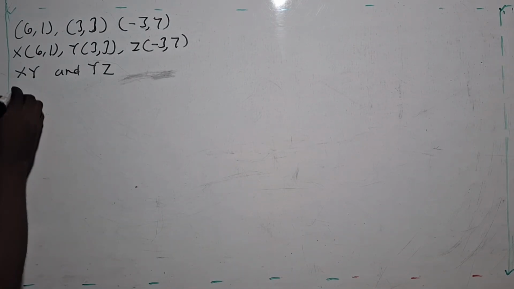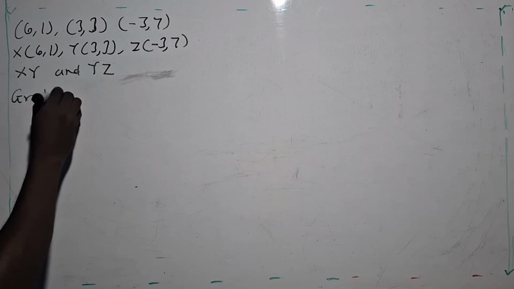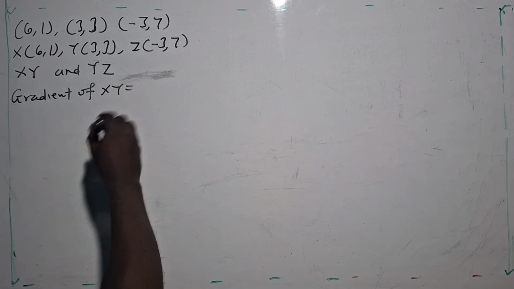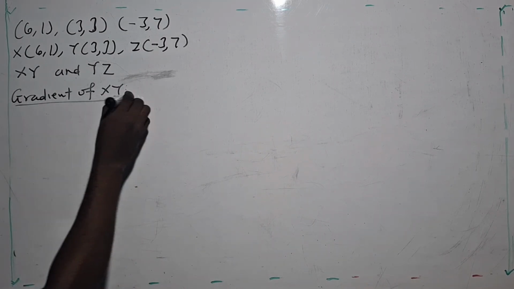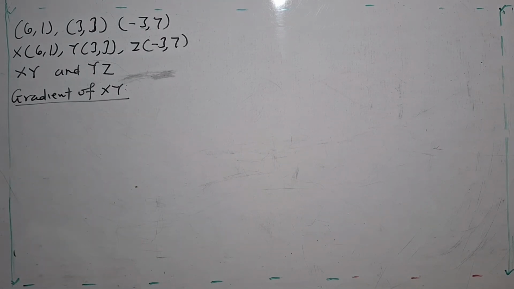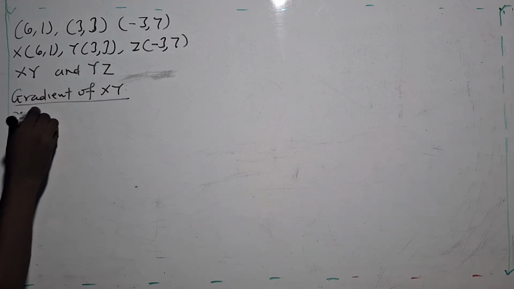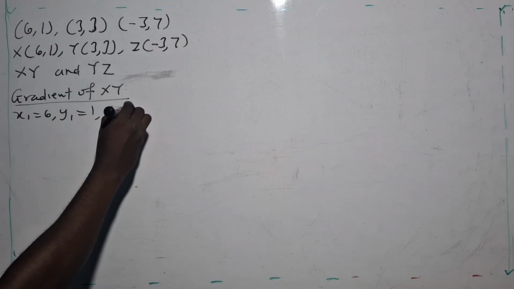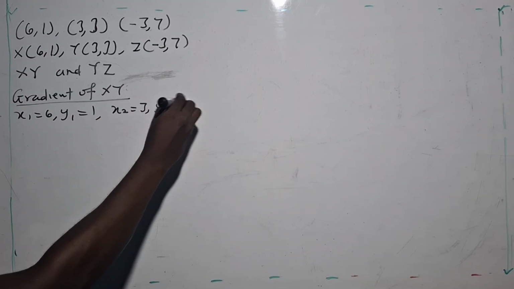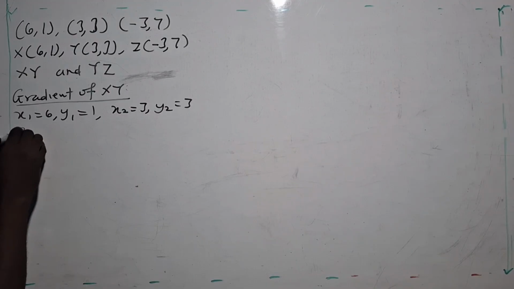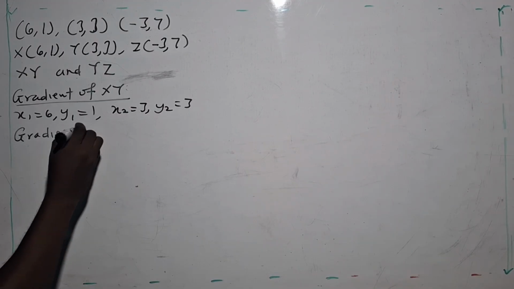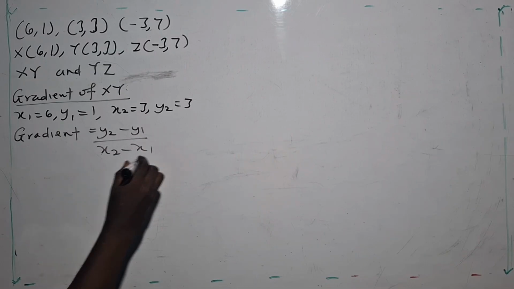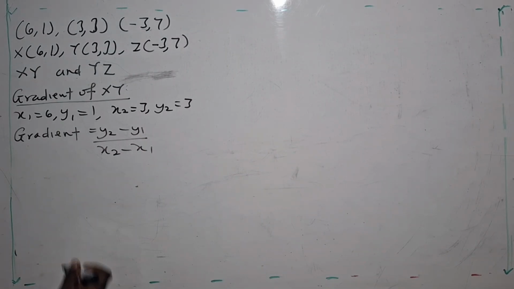So the gradient of XY. X1 is 6, Y1 is 1, X2 is 3, Y2 is 3. So the gradient formula is Y2 minus Y1 over X2 minus X1.